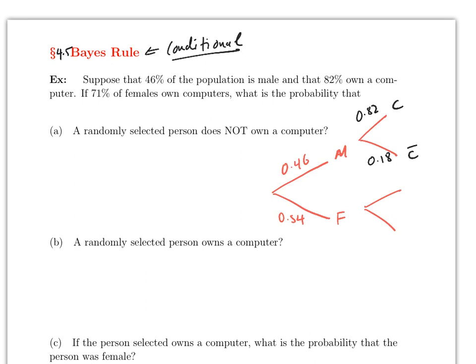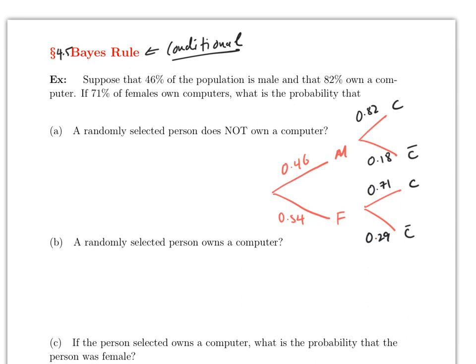If the person is female, there is a 71% chance that it will have a computer, and therefore a 29% chance that it won't have a computer. So this is the first thing you have to worry about, that this is correct. So male, computer, male, not computer, female, computer, and female, not computer.